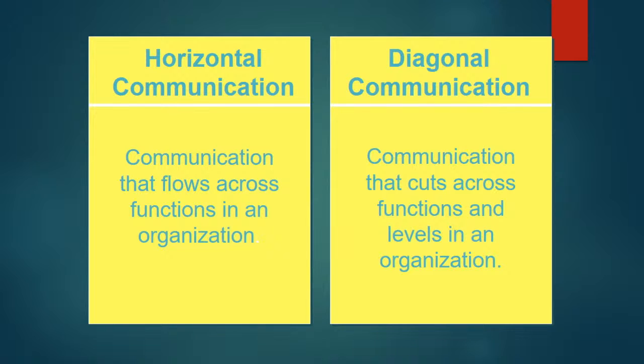And the other one is the diagonal communication. This is the communication that cuts across the functions and levels in an organization. So this sort of communication may involve the horizontal communication along with the upward and the downward communication. So the combination of this horizontal, upward and downward communication may be termed as diagonal communication.